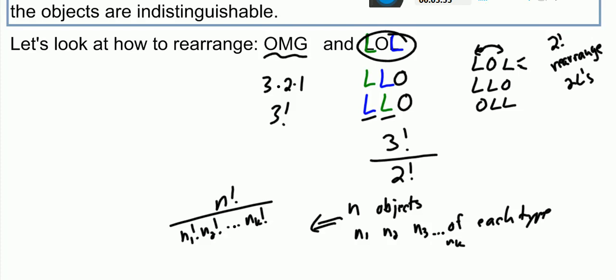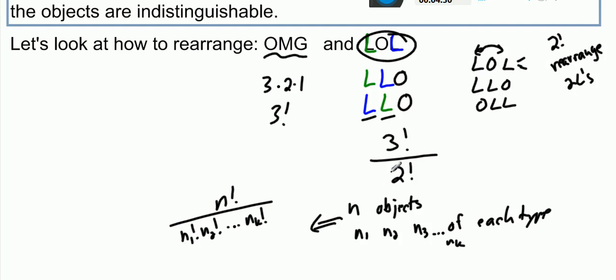The idea is that for any group of letters that are repeated, if you swap those letters, since they're all the same and look the same, we could rearrange that individual group n sub i factorial times. Similar to how we got the combination formula from the permutation formula, we overcounted and then divided by the number of seemingly different strings that really are the same. This is the general formula we're going to follow.